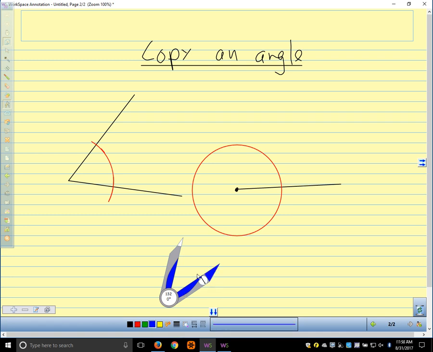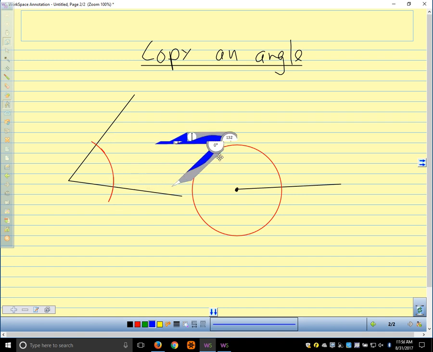Now, I'm going to take the compass, and I'm going to put one point on the angle that I want to copy where the arc crosses the ray, and put the other end where the arc crosses the other ray. Well, now I have my compass open exactly as far open as the angle is.